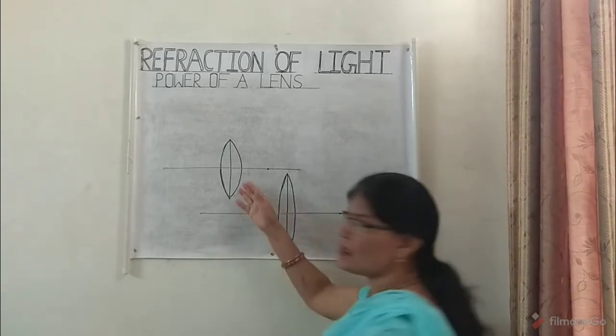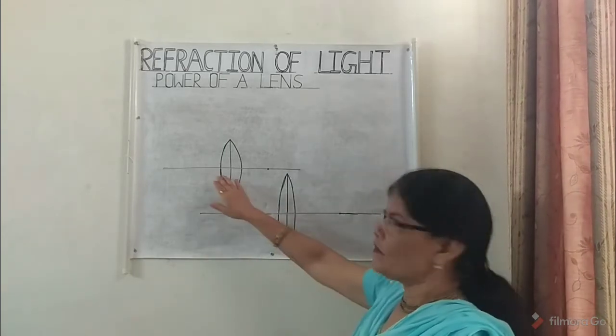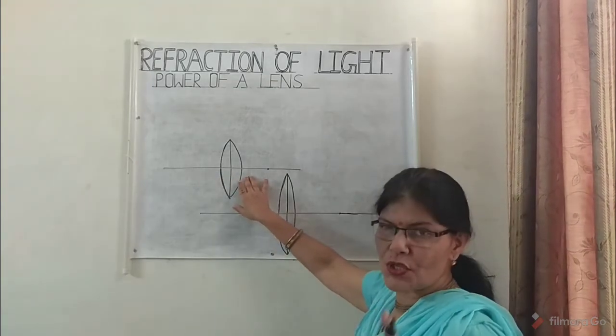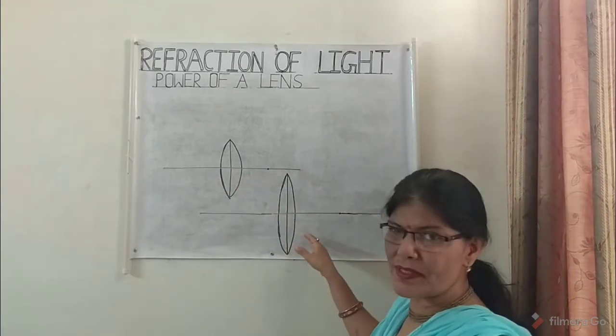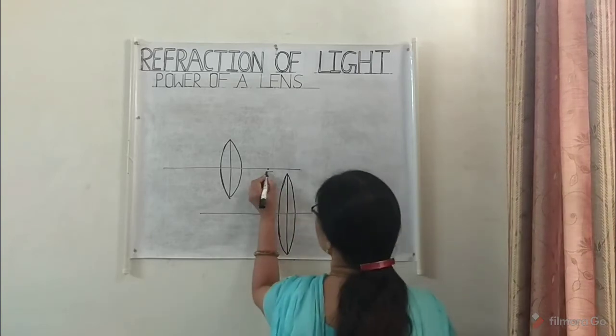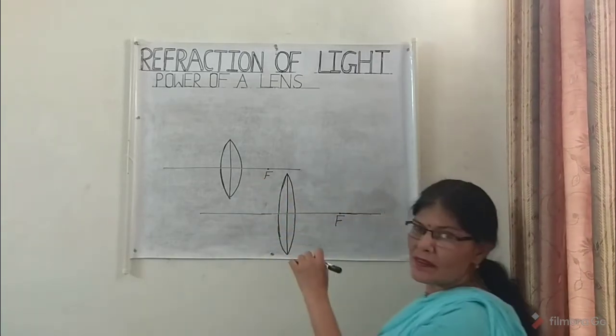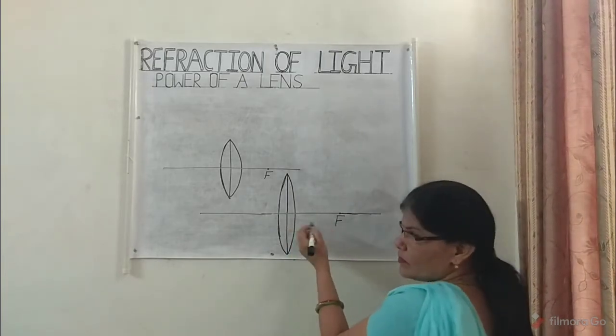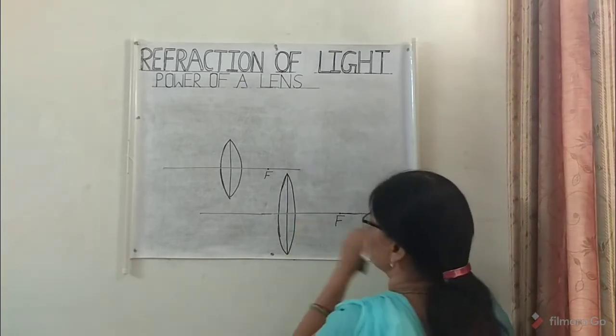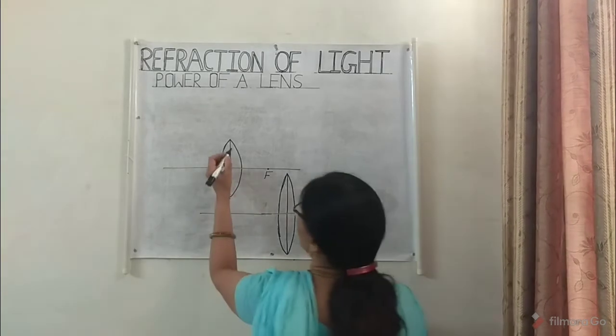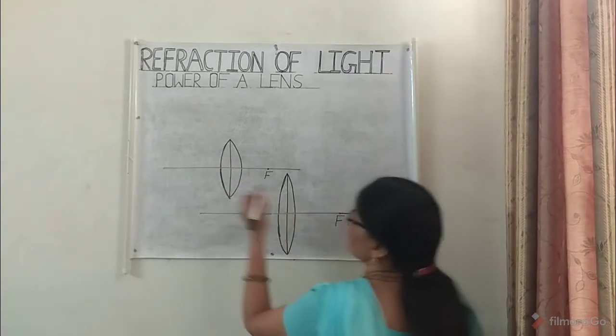Let us consider two convex lenses here. First is the convex lens with shorter focal length as compared to the next one. So this is the principal focus here, and this is the principal focus for the lens with comparatively more focal length. So this is the first case.